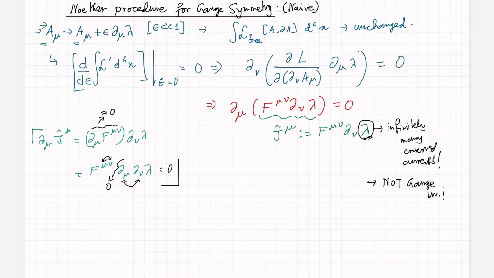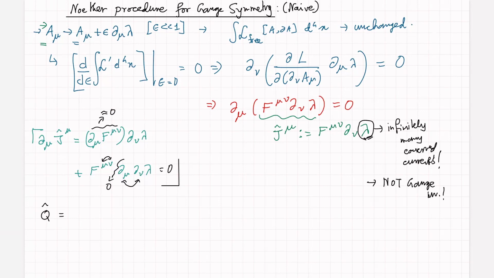Remember that it's not the current itself we should be worried about. From the current, you have to construct the Noether charge. That's the most important part. That's the thing that you can potentially probe with experiments and decide for yourself if there really are infinitely many gauge non-invariant Noether charges or not.